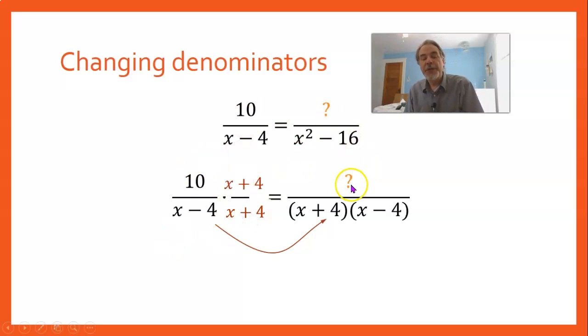So what we end up with in the numerator here would be the 10 that we started with times the x plus 4. So you could either just leave it like that, 10 times in parentheses x plus 4, or you could go ahead and multiply that out and say it's 10x plus 40.